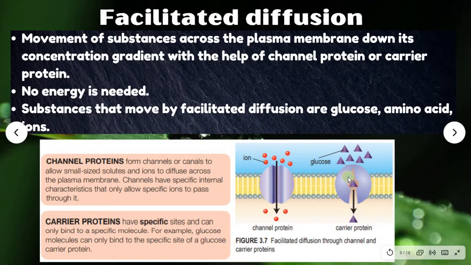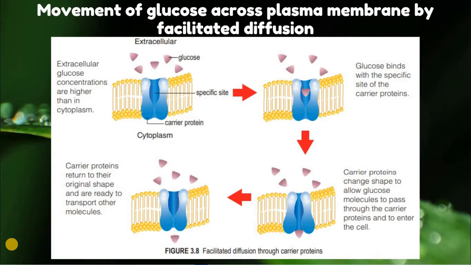Next we are going to discuss the example of the facilitated diffusion process, which is the movement of glucose across a plasma membrane by facilitated diffusion. In the previous slide, we already discussed the meaning of facilitated diffusion. I repeat, what is the meaning of facilitated diffusion?